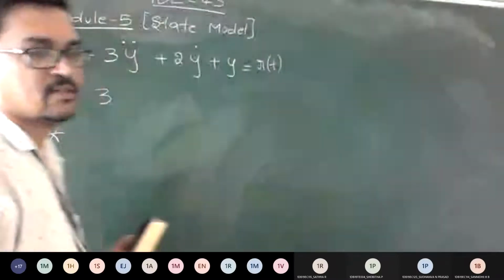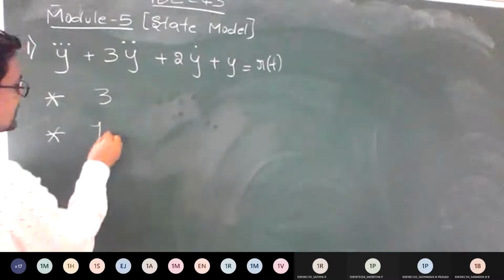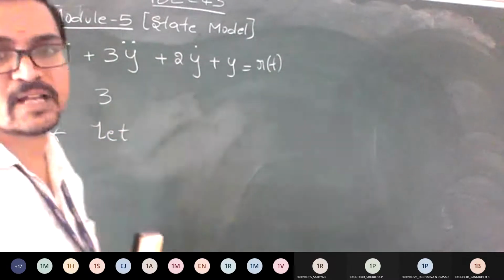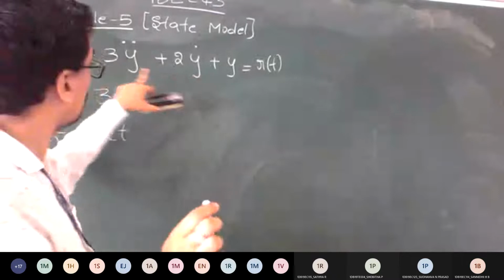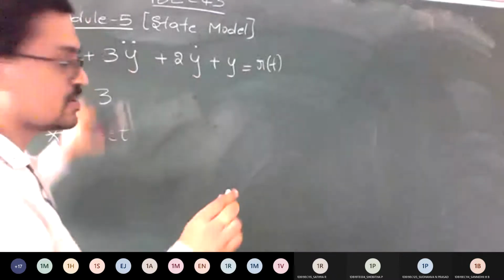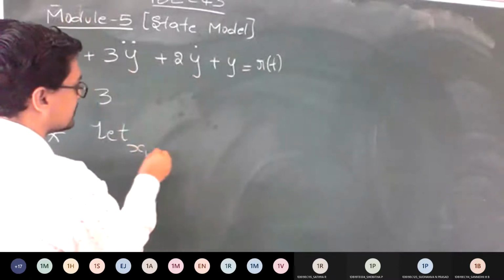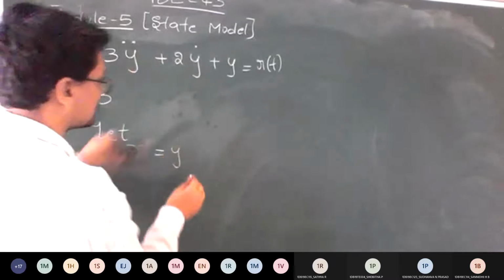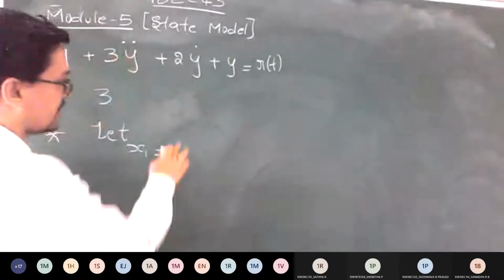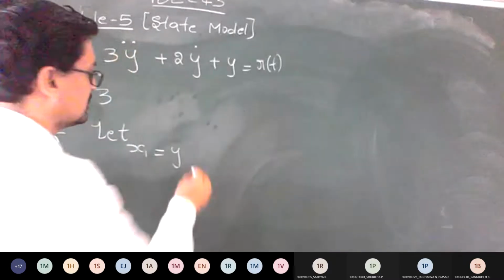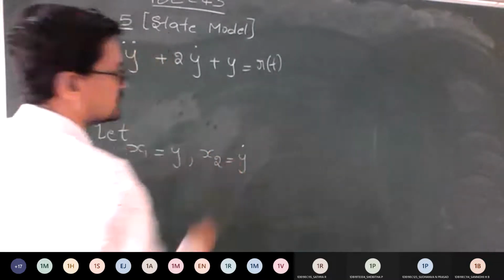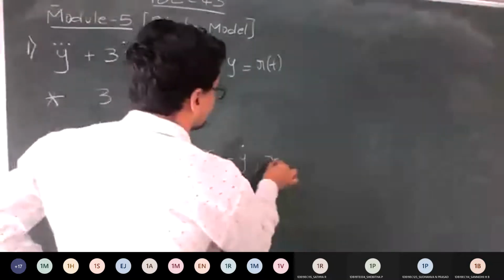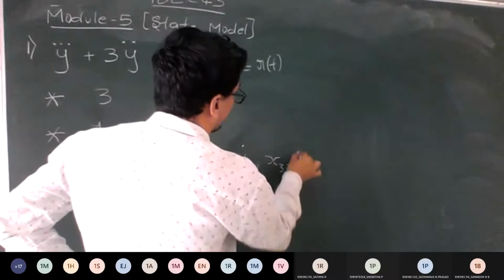Let me explain. We'll consider the state variables. You can see y, y dot, y double dot. So we'll let x1 equal y, x2 equal y dot, and x3 equal y double dot.